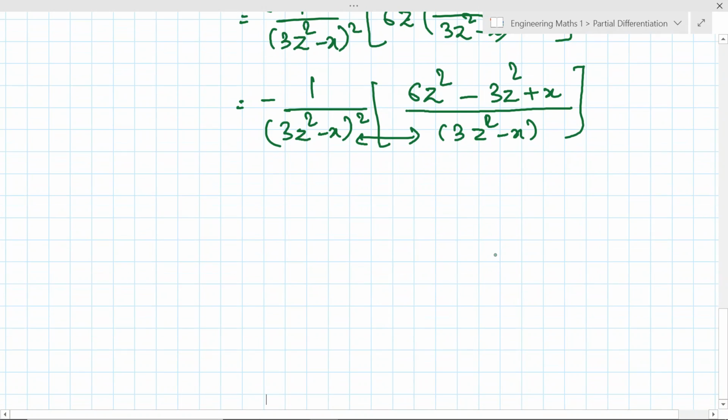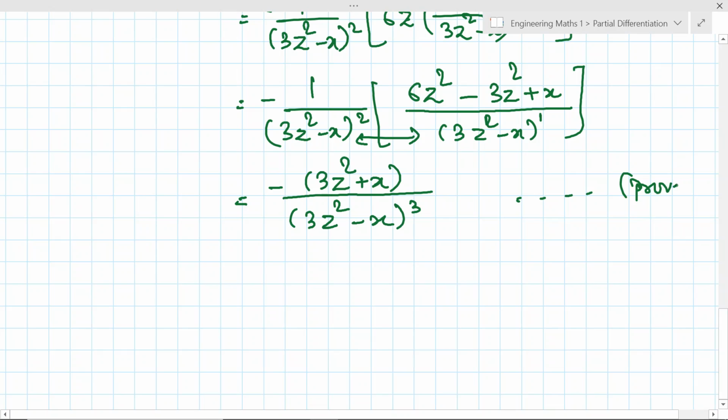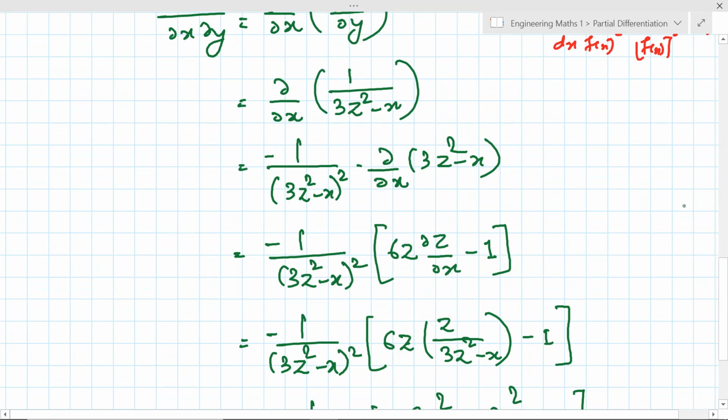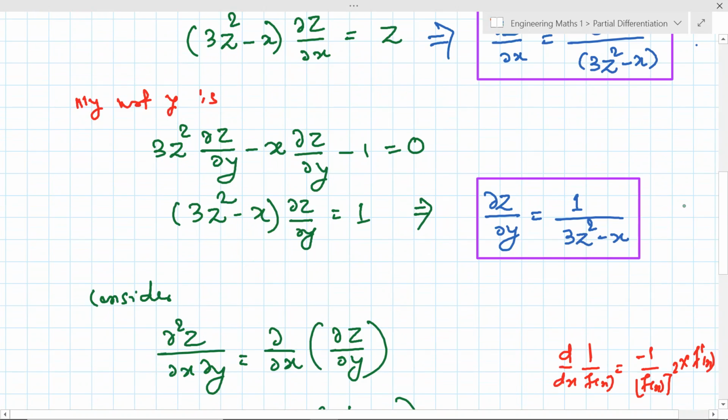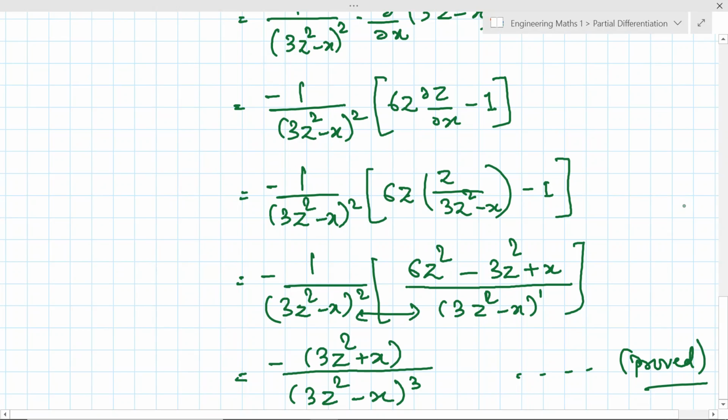The final answer is minus 3z square plus x divided by 3z square minus x bracket cube, because this is square and this is raised to 1, so 2 plus 1 is 3. That is my answer, and hence the proof. We have shown the result. Hope you understand this. Is there any doubt in this example?